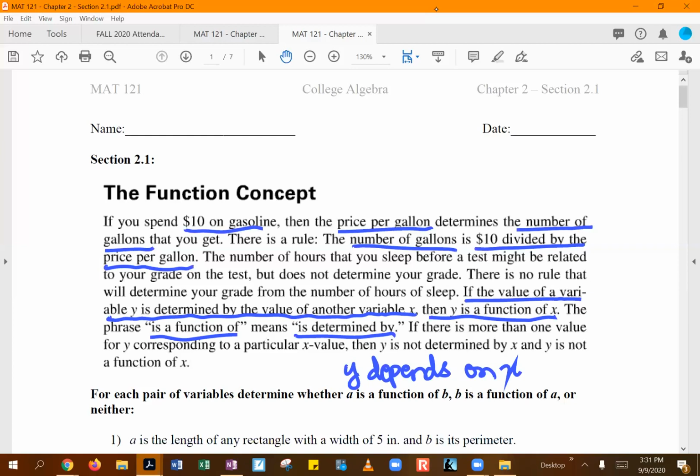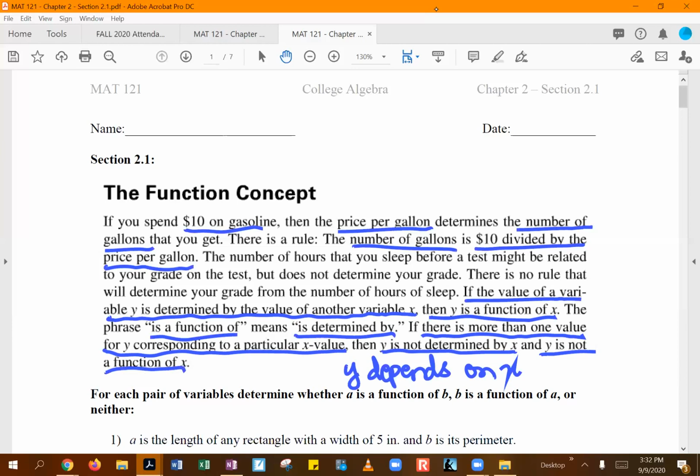Okay, so basically we're saying the value of y can be calculated once we know what the value of x is. However, there's one little thing you have to be careful about when we're talking about functions. If there's more than one value of y that we can come up with for any given particular value of x, then y is not a function of x, or y is not determined by x.